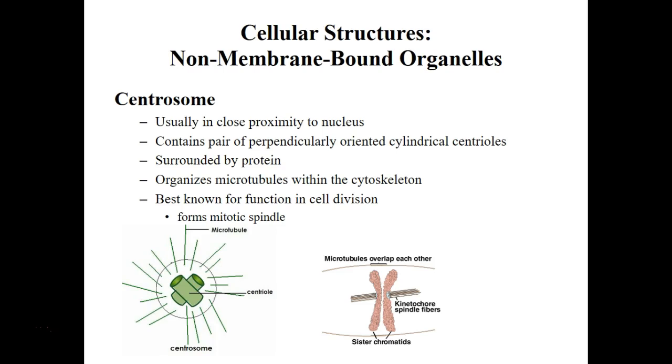The spindle fibers come out from the centrioles, which are found within the centrosome, and they attach to DNA. And then they can move the DNA along the cell and pull it from one side of the cell or the other, and so they control mitosis.